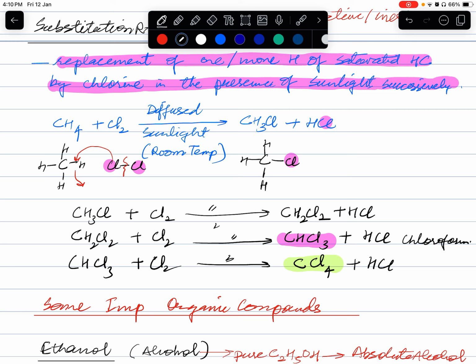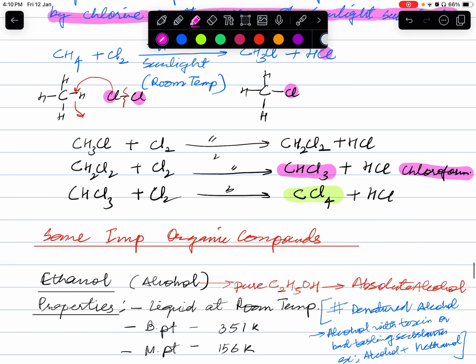And you know where chloroform is used. So this is the substitution reaction. Here, how many atoms in all are we substituting? All four atoms of hydrogen we can substitute.